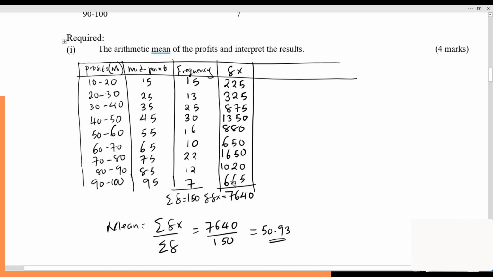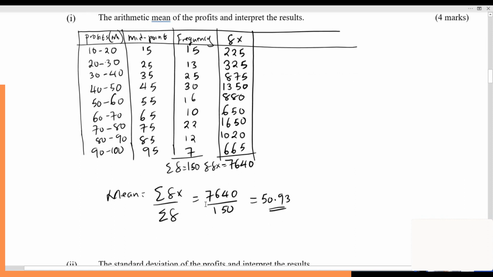Let me do this column for fx again: 225 plus 325 plus 875 plus 1350 plus 880 plus 650 plus 1650 plus 1020 plus 665 gives us 7640. So it means we are correct. Now, that's how you are to score your 4 marks.